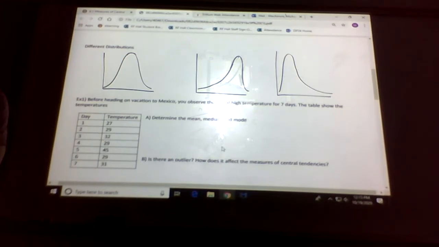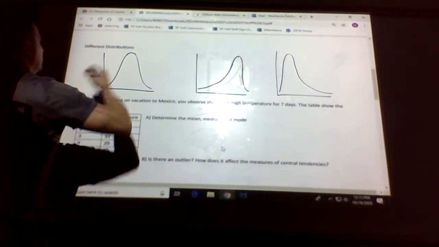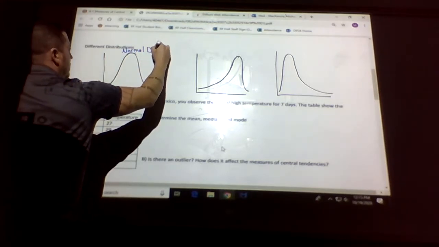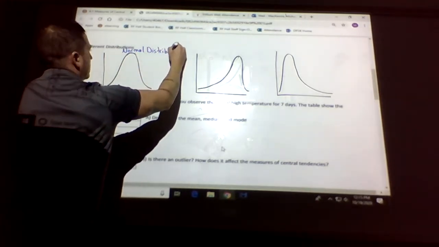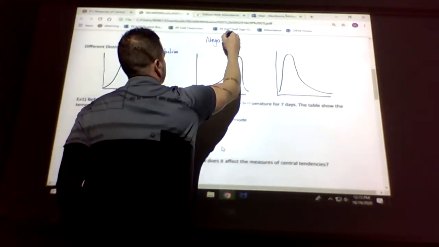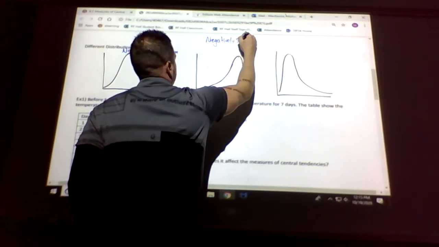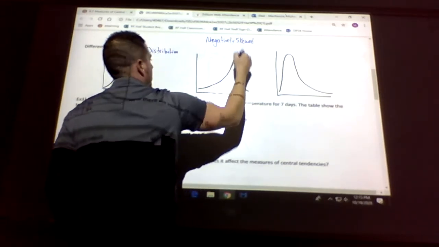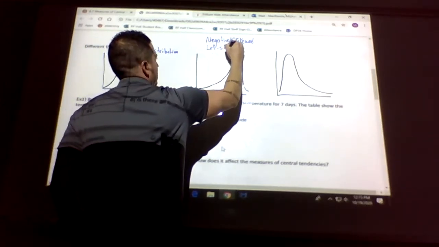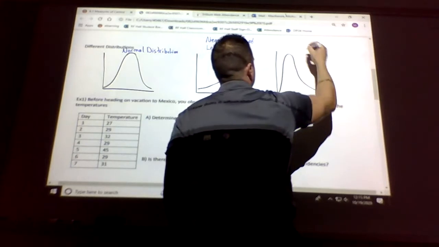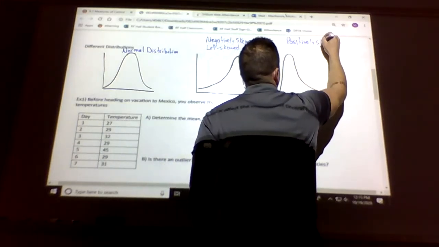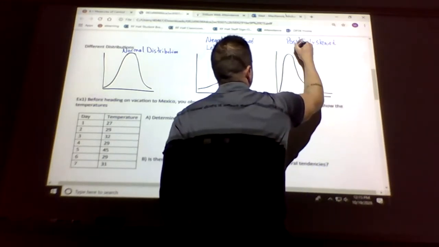The first one here is called normal distribution. This one is called negatively skewed, or left skewed. And this one's positively skewed, or right skewed.